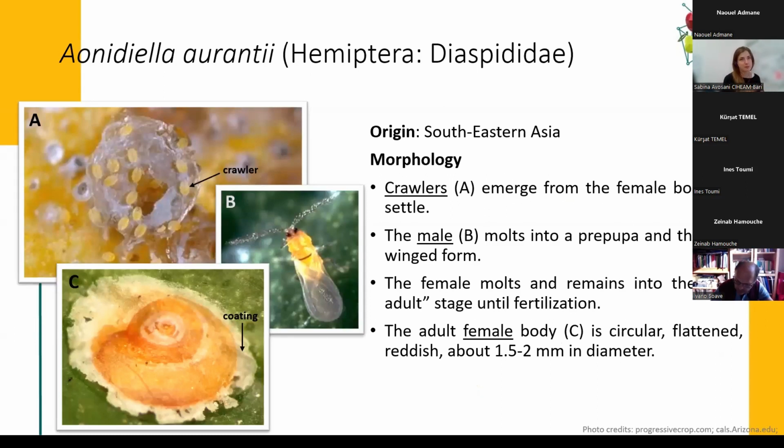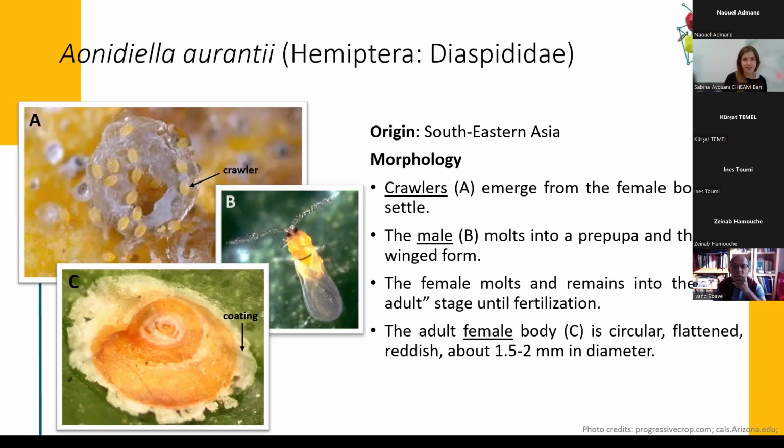Let's talk a little bit about the California red scale, which is native to southeastern Asia. And similarly to the mealybug, there is the crawler stage and a distinctive sexual dimorphism between female and male. The male is winged and it flies looking for the gray adult stage of the female, which is the one that is fertilized.